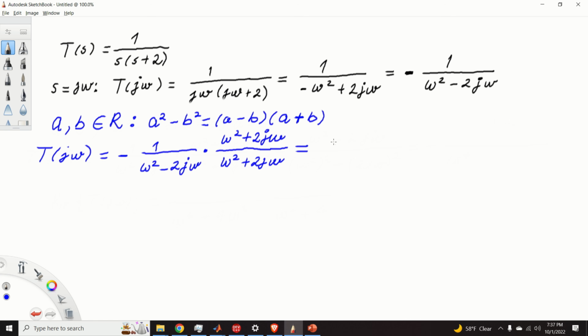And as the result, we obtain in the numerator omega squared plus 2j omega, divided by omega squared to the power 2 minus 2j omega to the second power.